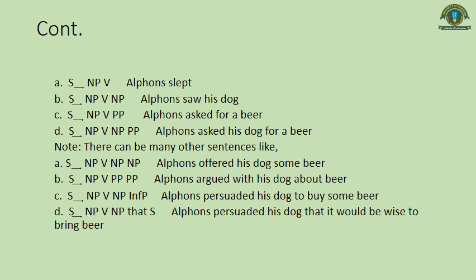And the last example, Alphonse persuaded his dog that it would be wise to bring beer. Under this, S is made up of noun phrase, verb and noun phrase, and then after that is actually a relative clause, and then again a sentence.